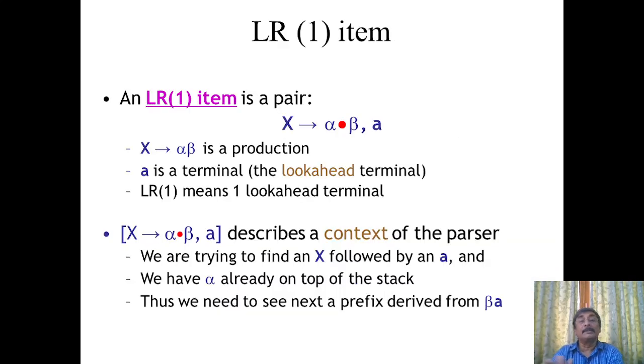Now if I look at the item in LR0, the item just had a dot in between the RHS symbols. Here the item has a very similar structure, but it contains a comma and then an input symbol.